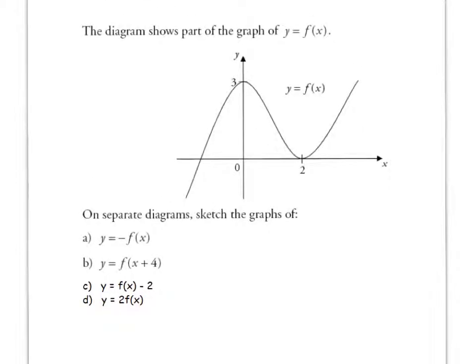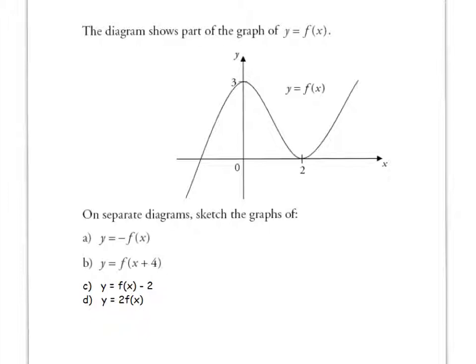So, firstly, it says the diagram shows part of the graph of y equals f(x). On a separate diagram, sketch the graph of y equals minus f(x). So, firstly, the minus. So it's the function times by minus 1. Now what that means is it reflects this through the x-axis.